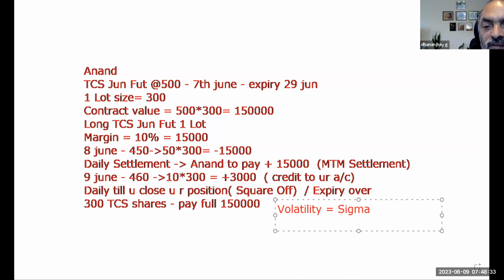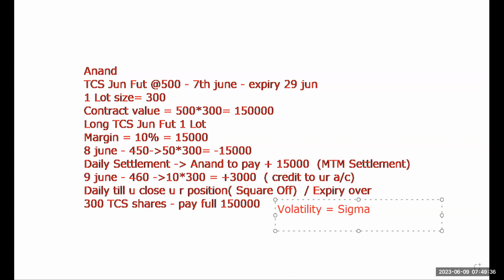Sir, beta is what type of measure? Is it for risk calculation, sir? Can anybody answer this? Rupesh, can you answer Venkat Krishna's question? Beta is a risk calculation of total risk, I mean index plus stock both.